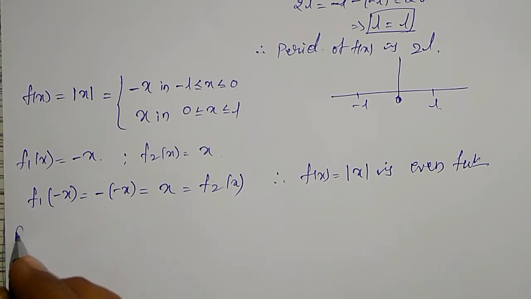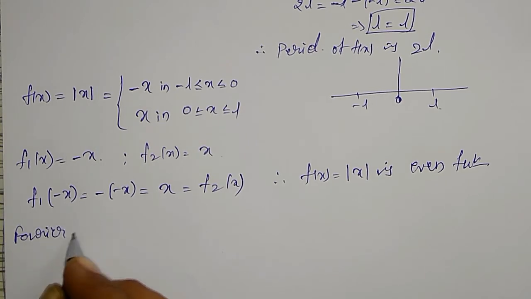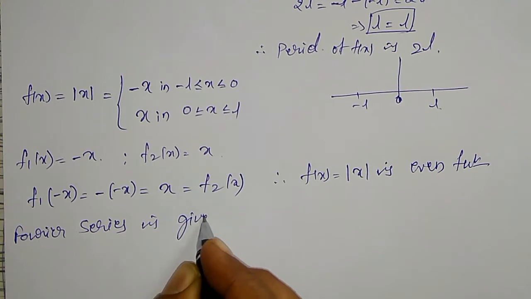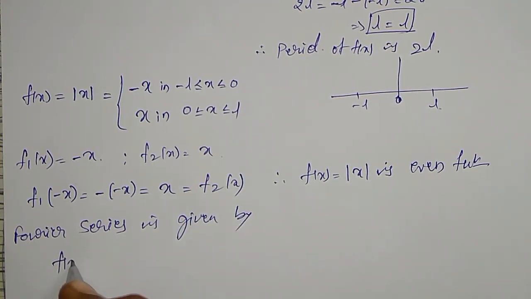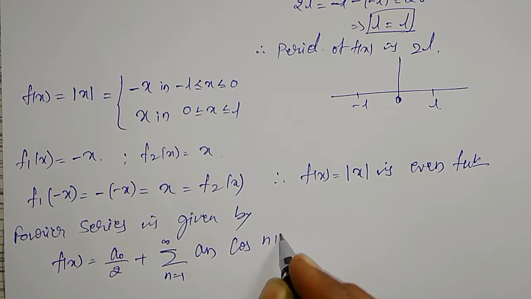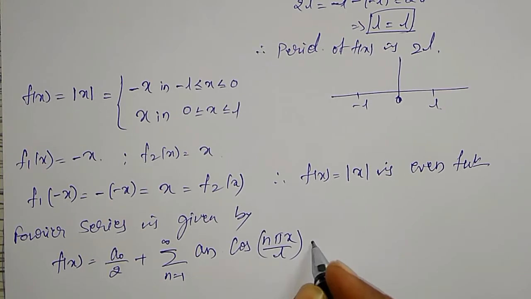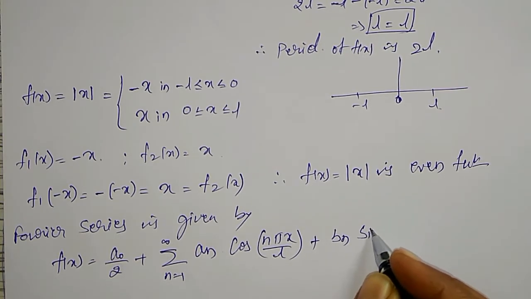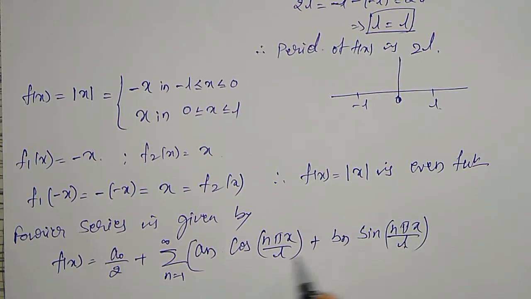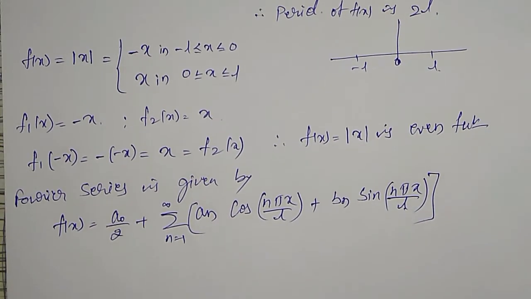Now the Fourier series is given by f of x equal to a0 divided by 2 plus summation n equal to 1 to infinity of an into cos n pi x by L plus bn into sin n pi x by L. This is my Fourier series.